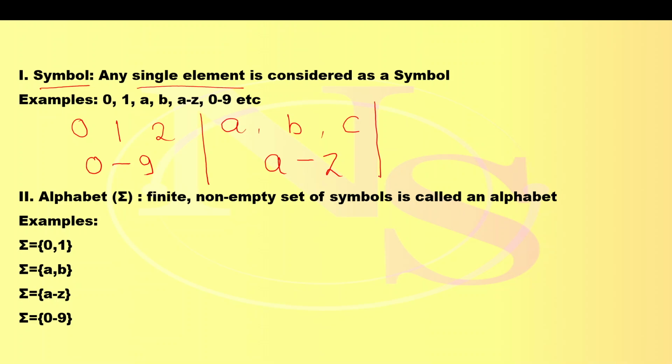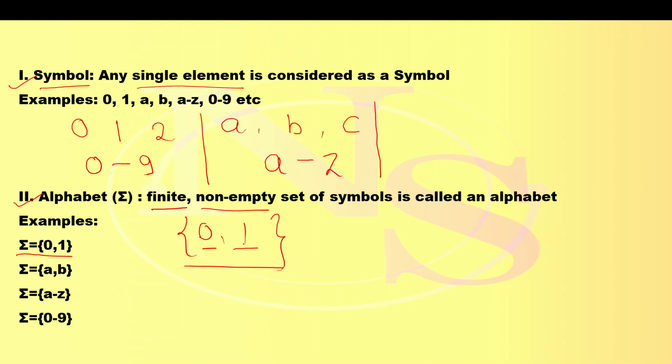On the basis of this definition of symbol, let's define what an alphabet is. Alphabet is nothing but a set of symbols. This set should not be empty, it should be non-empty. It should contain some fixed number of numbers or characters. That's why it should be finite. For example, I can say the set {0, 1}.